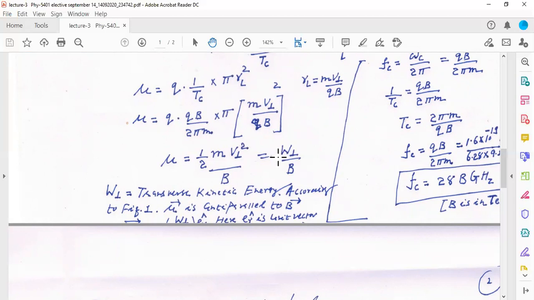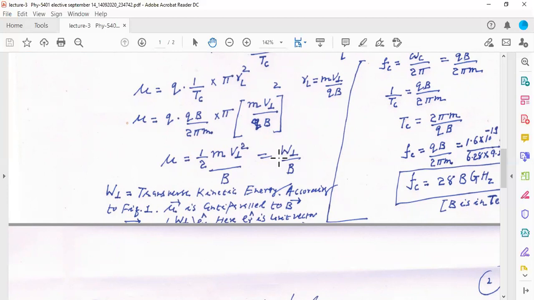This minus sign indicates that the direction of the magnetic moment vector is exactly opposite to the direction of the unit vector e_r, which is in the direction of the applied magnetic field, going into the plane of the paper.